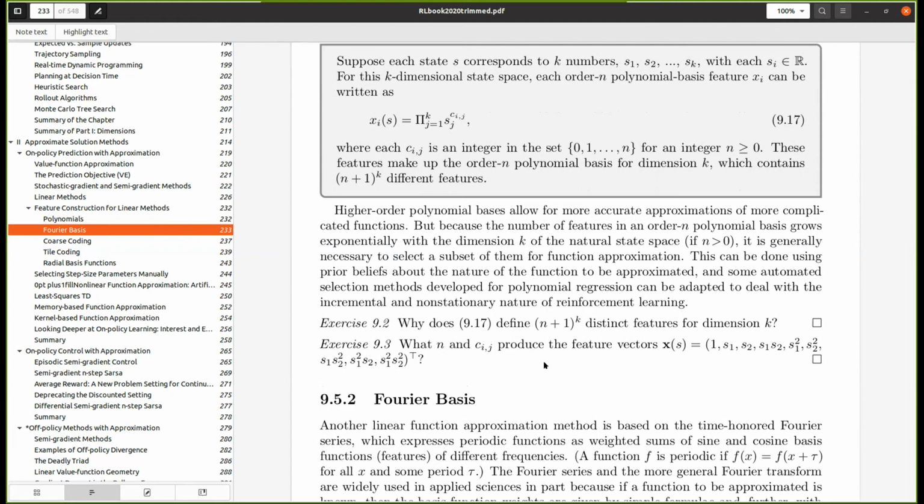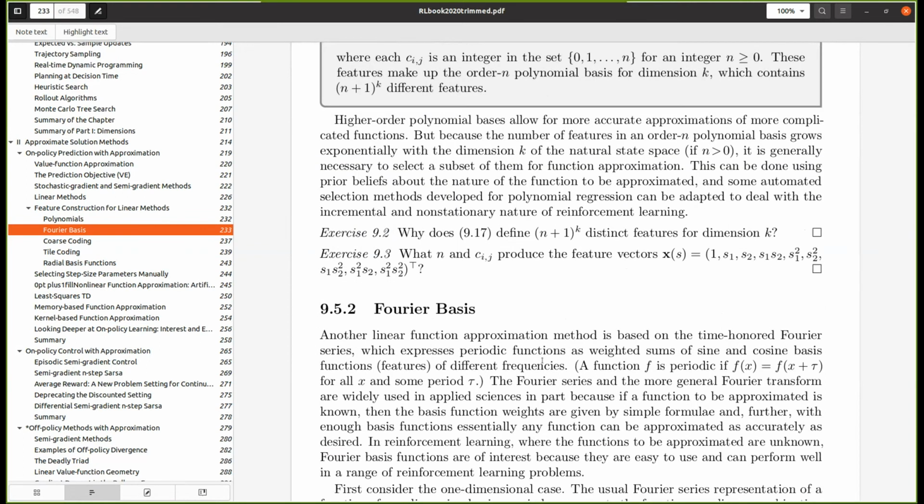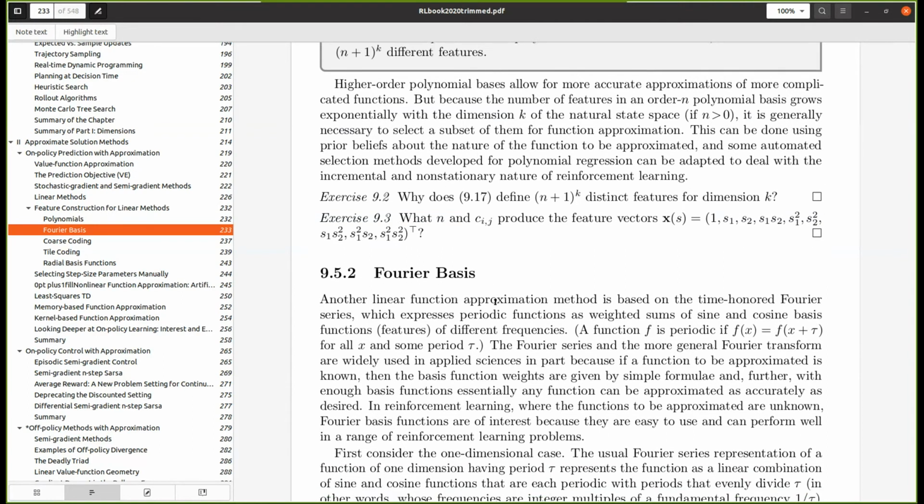So that's how it turns out to be, right? And what do c_ij produce? The feature vector 1 up to, okay, so that's kind of obvious, I guess, that this is a second degree polynomial. So I don't know what the question is about, actually.